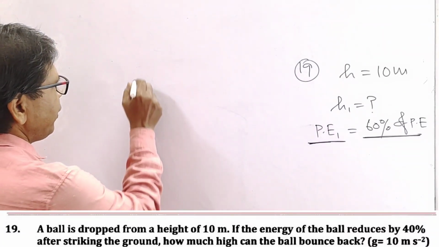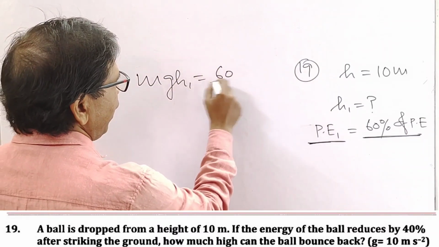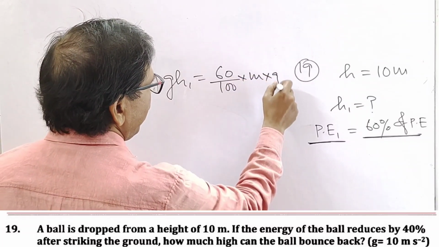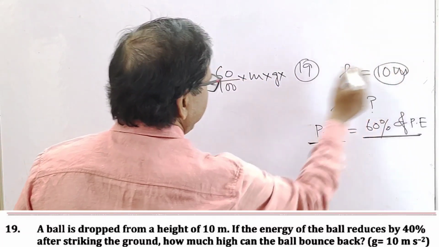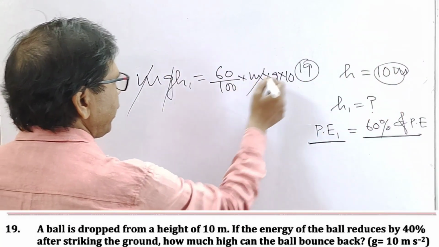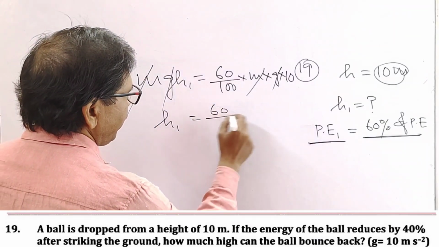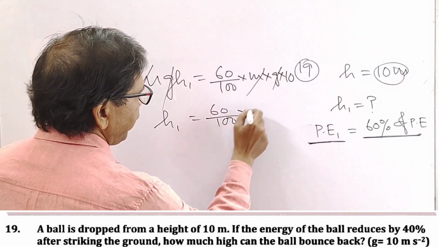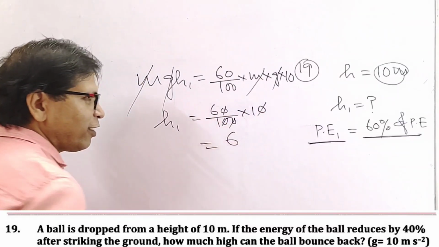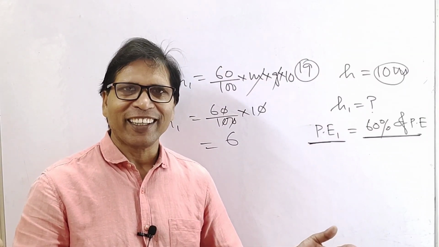Therefore, this is mgh1, this is 60 by 100 into mgH, where H is 10. So this and this cancel out, this and this cancel out, so h1 is 60 by 100 into 10, which is 6. So the height ascended by the ball is 6 meter.